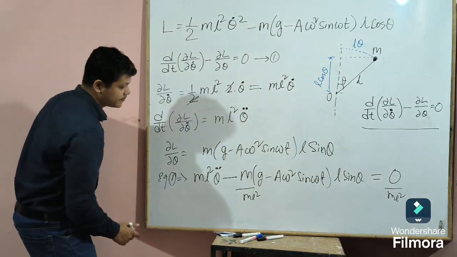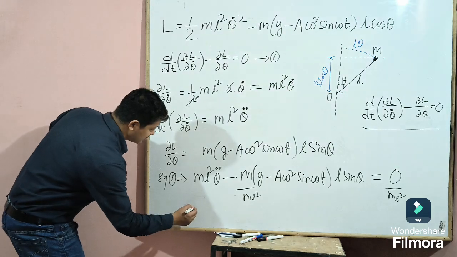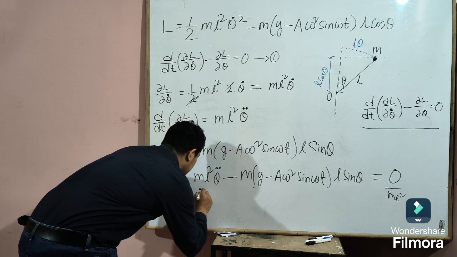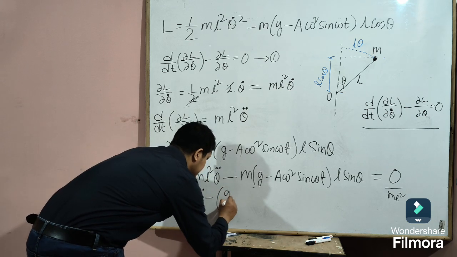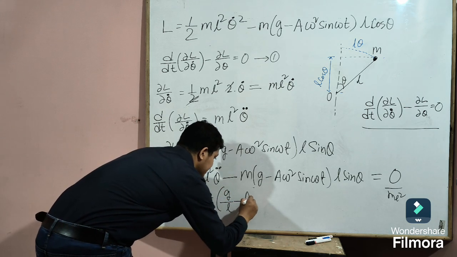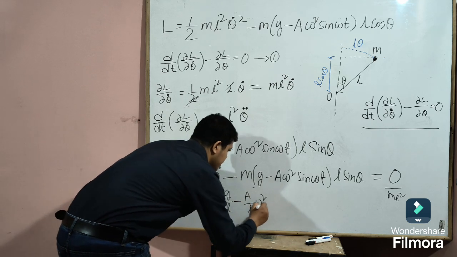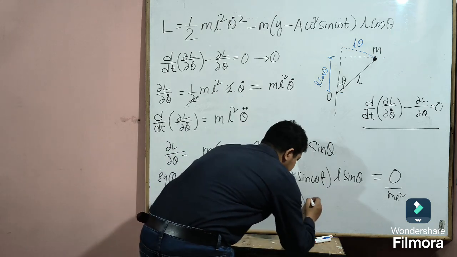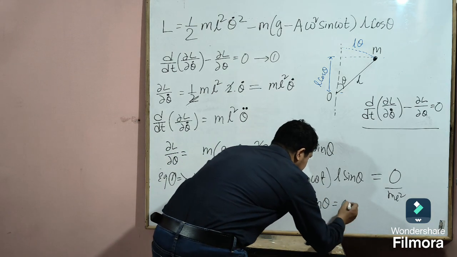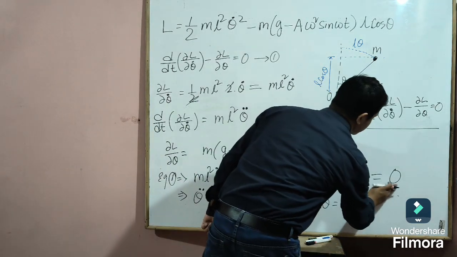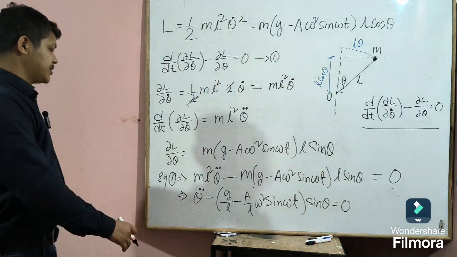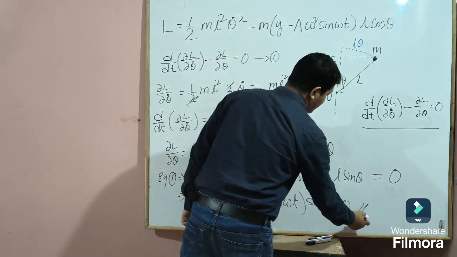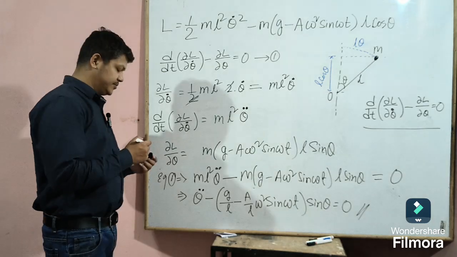So we're gonna have theta double dot minus g by l minus a by l omega square sine omega t, times sine theta, is equal to 0. That is what we're gonna have, right? So hope you have understood this, and this is the required equation. This is the required differential equation of this inverted pendulum, right?